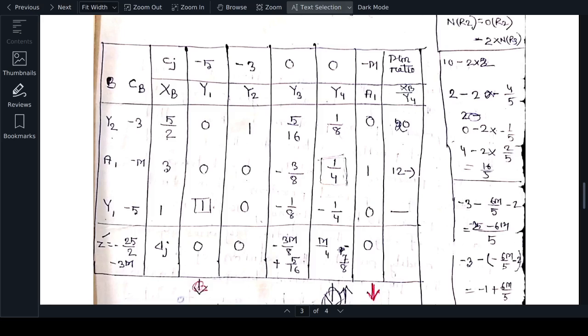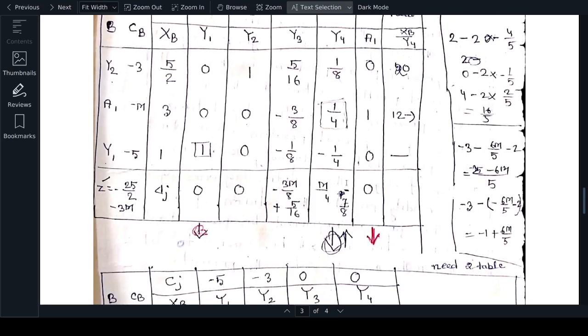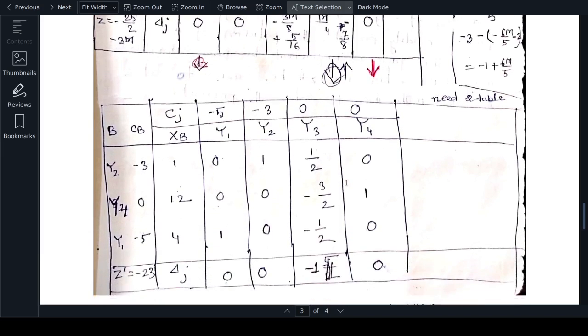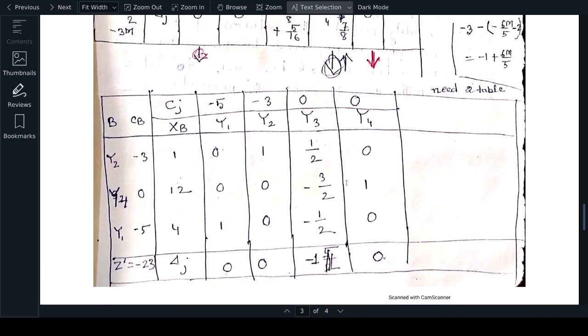So when the value is negative, obviously incoming will be Y4 and outgoing will be the artificial variable column A1. In the fourth table, you will not write the artificial variable because its activity is complete.